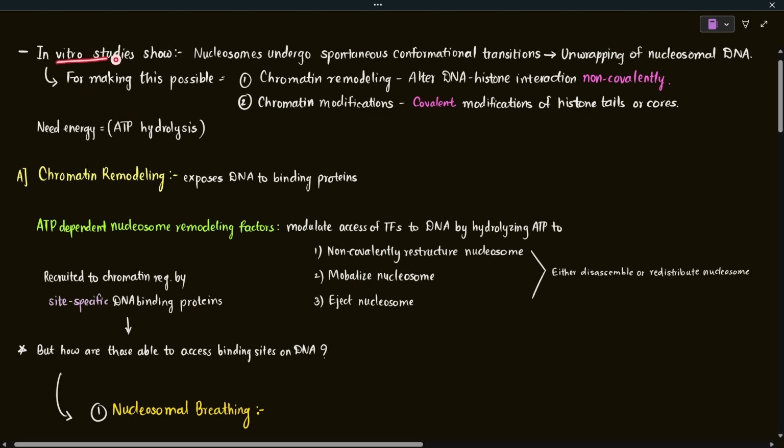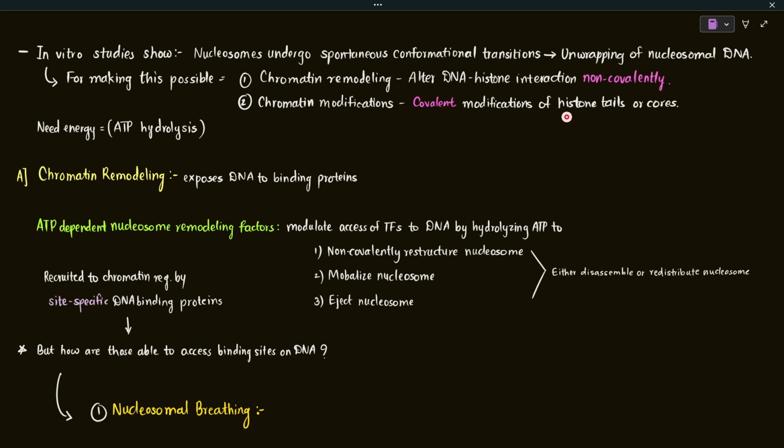So in vitro studies showed that the nucleosome undergoes spontaneous conformational transitions which result in unwrapping of nucleosomal DNA. To make it possible to unwrap the nucleosomal DNA, there are two possible mechanisms. One, you can directly alter the DNA-histone interactions non-covalently, and the other is that you can covalently modify the histone tails or cores.